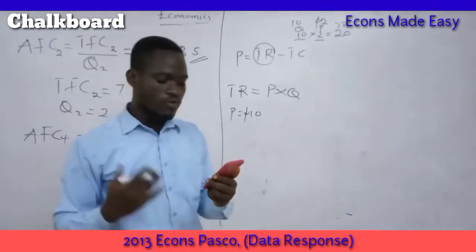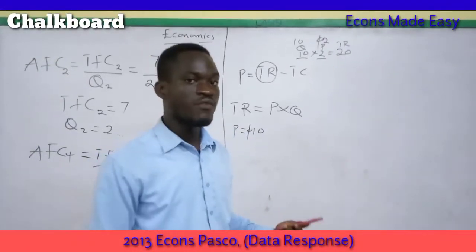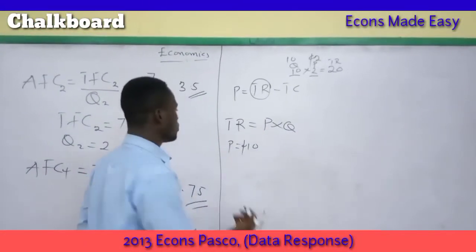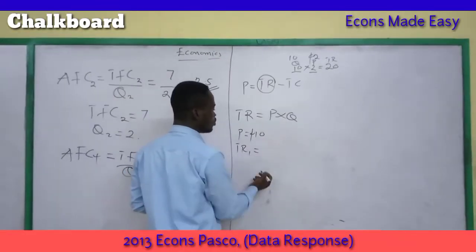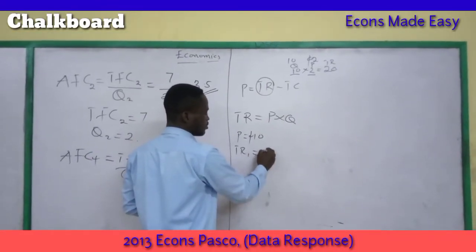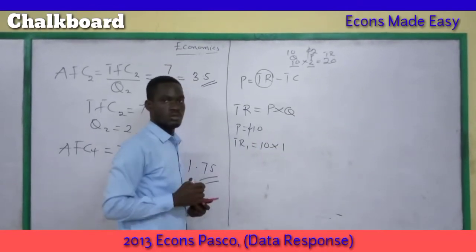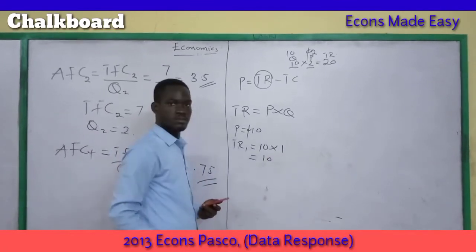And so they are saying that we should find for total revenue for all level of output. So before you find for the all level of output, you should get your total revenue first. And so our total revenue for output 1 is equal to price, which is 10, times quantity, which is what? 1. So we are getting 10 times 1 is what? 10.